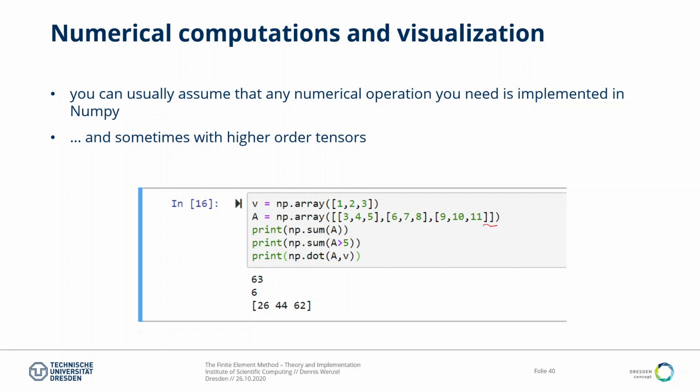So the inner lists are in row direction, the outer lists are in column direction, meaning that this matrix A has the form 3, 4, 5, 6, 7, 8, 9, 10, 11. That's A.